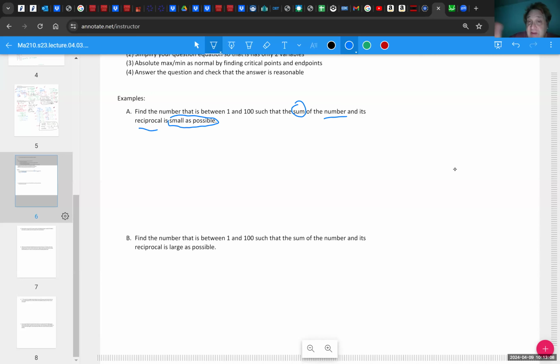Let's define some variables. So let's say S is equal to the sum. We need to find an equation for S. We have a number, so let's say X is equal to the number. And the sum is the sum of the number and the reciprocal. So let's say R is equal to the reciprocal.